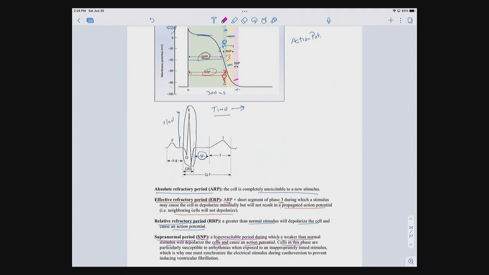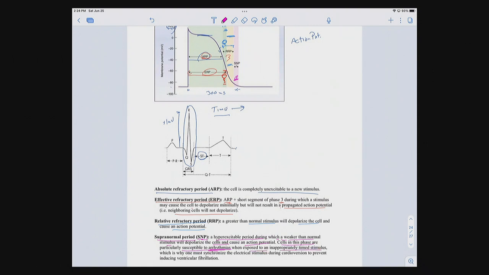The cells in this phase are particularly susceptible to arrhythmias, because if you have an action potential during that supranormal period, you can get a problem going on when exposed to an inappropriately timed stimulus.